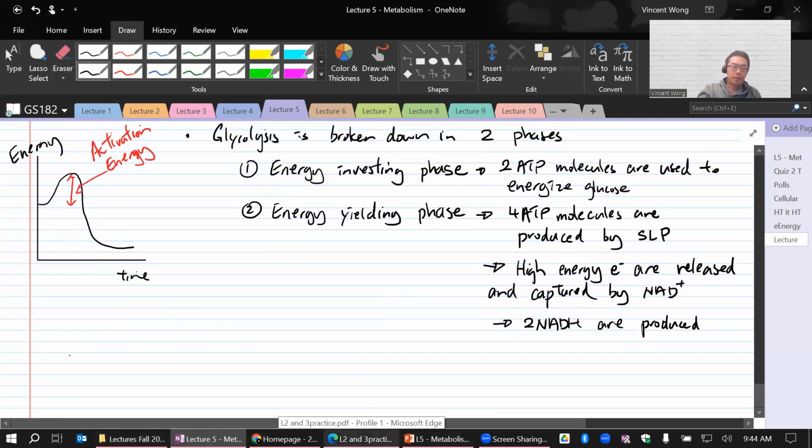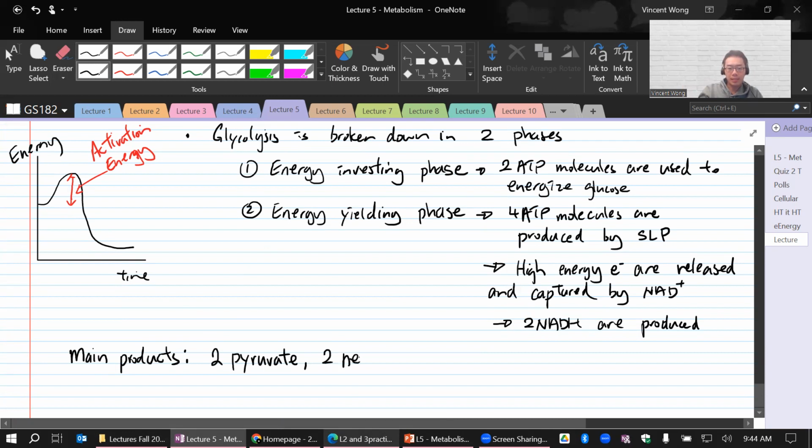Okay. So main products of glycolysis. We have 2 pyruvate. We have 2 net ATP and 2 NADH.